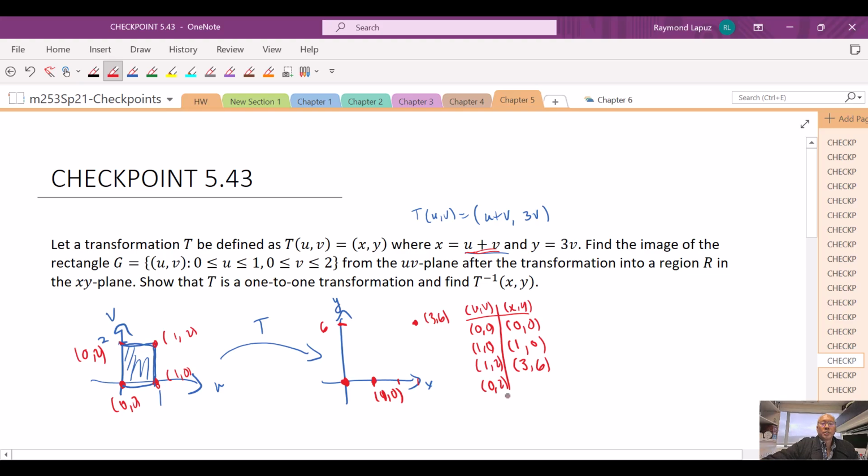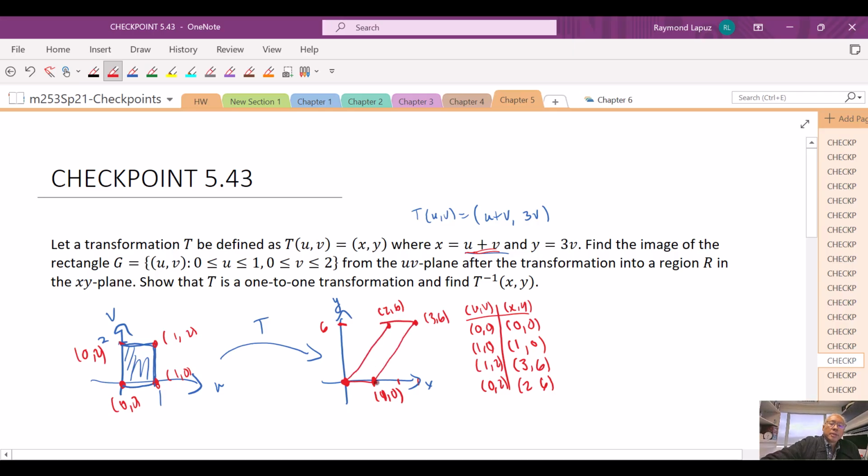Then let's put (0, 2) in for u and v, and that gives us an x of 2 and a y of 6 again. So 2 would be over here, and 6. Okay, so it looks like we have a parallelogram that looks something like this.